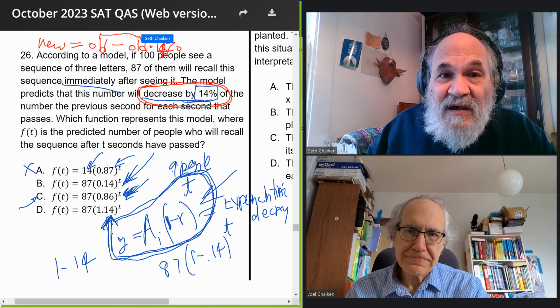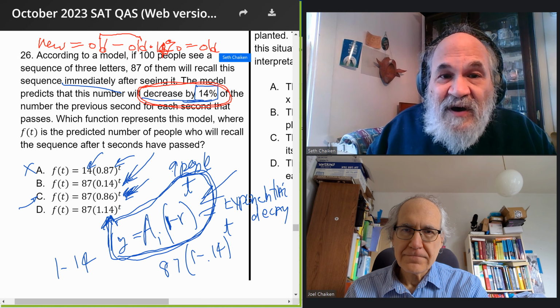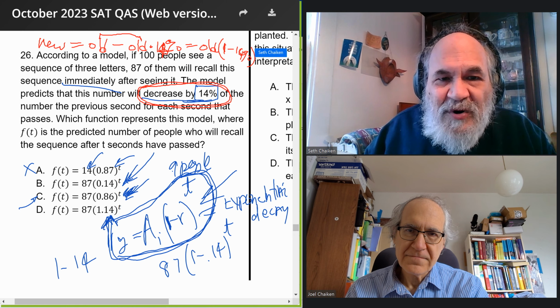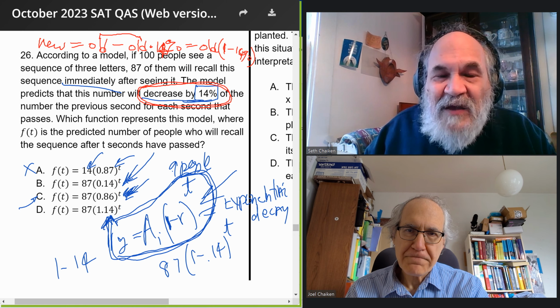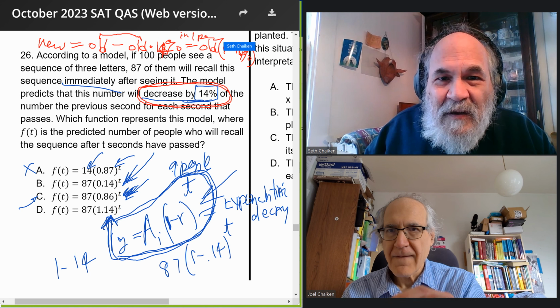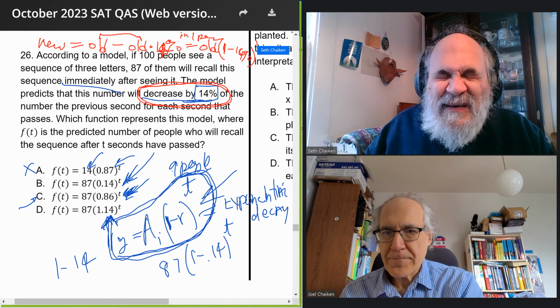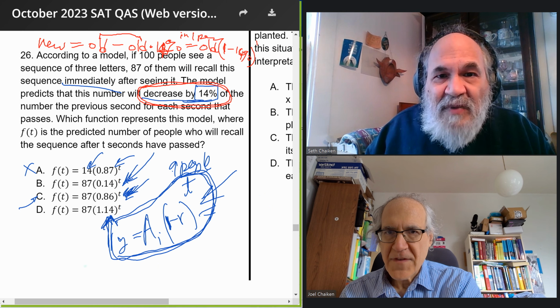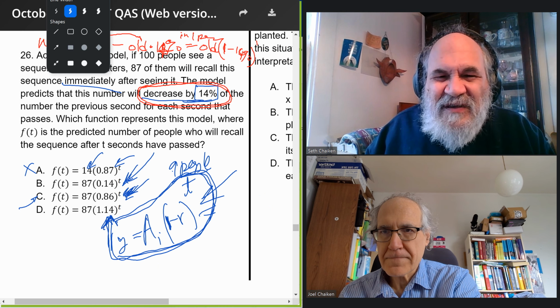So the new is equal to the old times the factor 1 minus 14%. This is per period, in one period. And then the same thing appears when you do another period, but then it multiplies. You do the same thing.